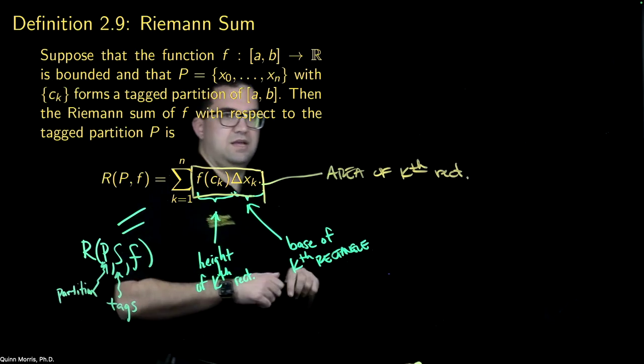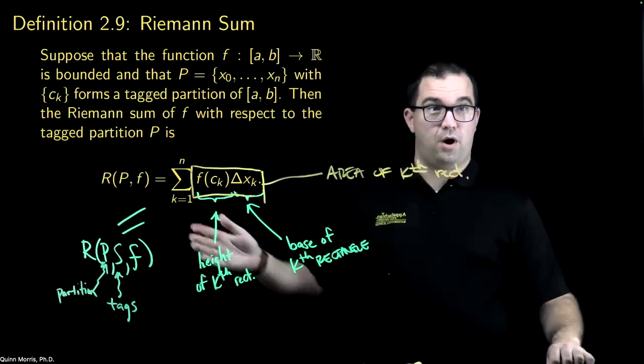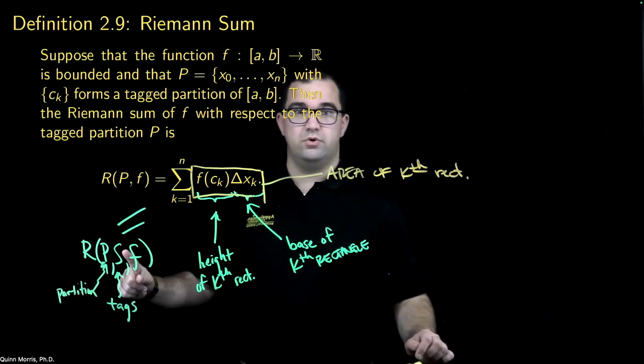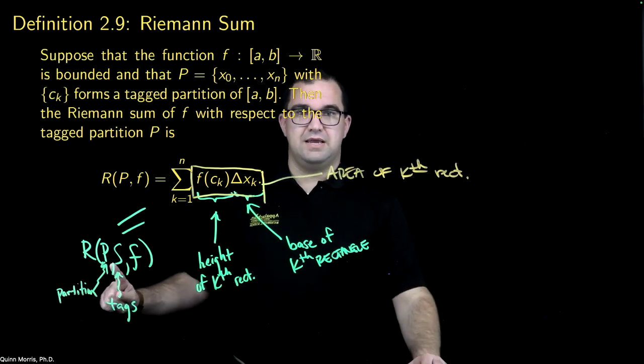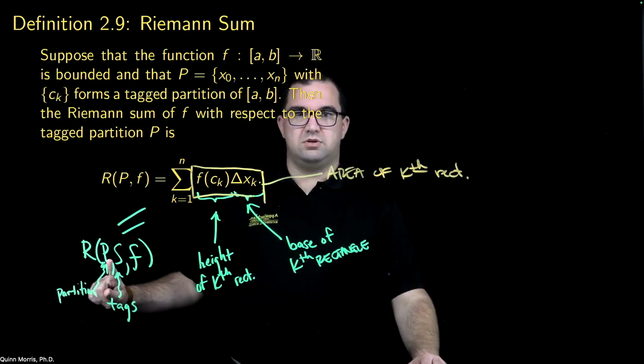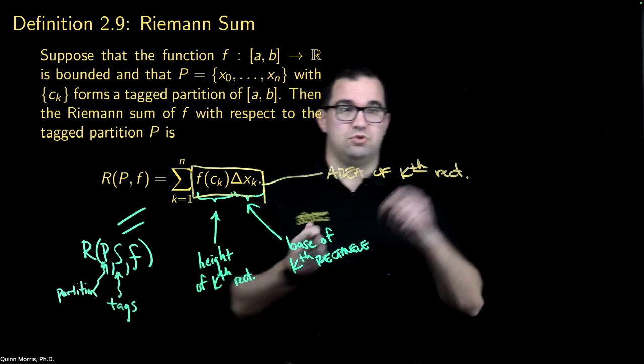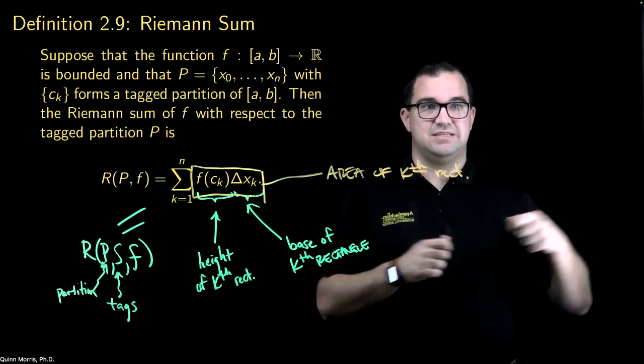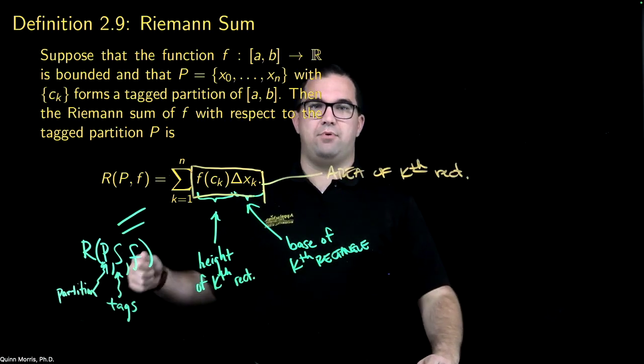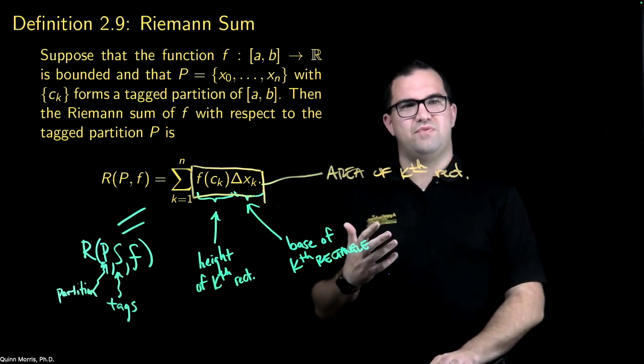Now, in fairness to the author, there are problems with this notation too. For example, it's impossible here to necessarily just change the partition and not have your tags change, right? Because if you change your partition, your tags may not make sense anymore as tags of that partition. So again, there's no perfect notation here.